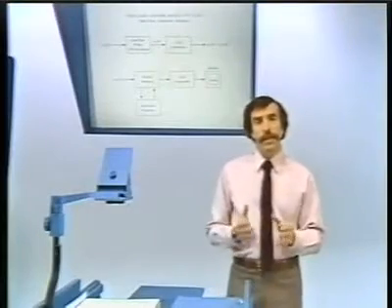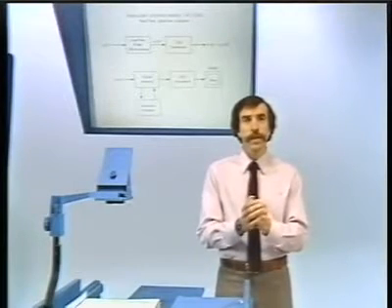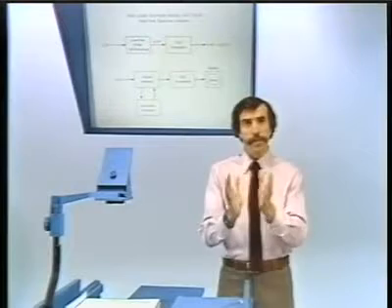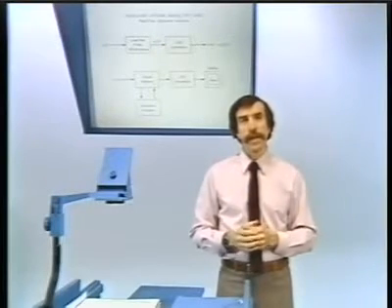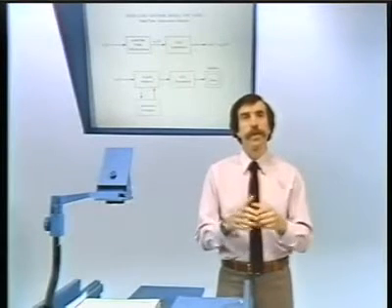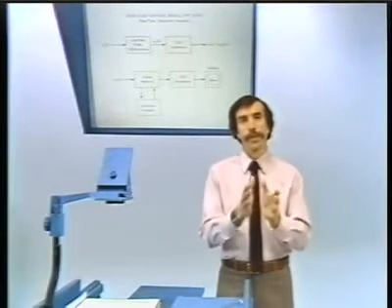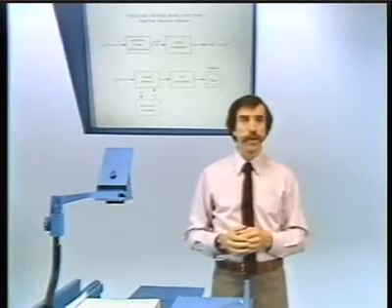So basically the idea then is that the input waveform comes in, it's filtered and sampled and captured on a block basis, put into a digital memory, and then a digital computer or microprocessor computes the Fourier transform, and then that Fourier transform is what we see on the display.